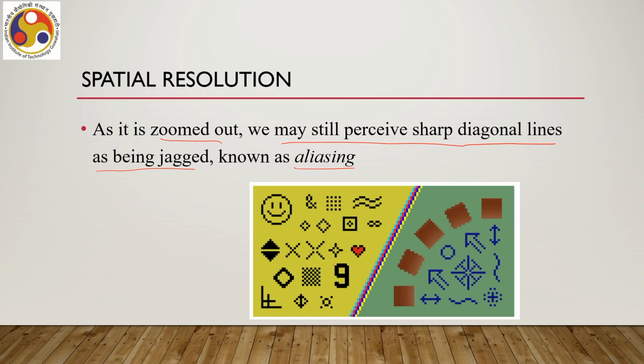For example, here, the more we zoom out, the more we get to see this type of aliasing effect. Instead of smooth lines, we get to see some staircase-like jagged lines, that is called aliasing. Everywhere we can see that.